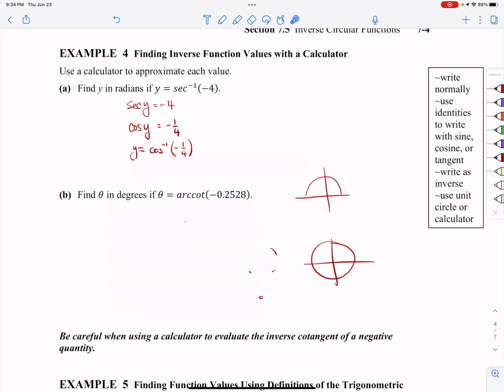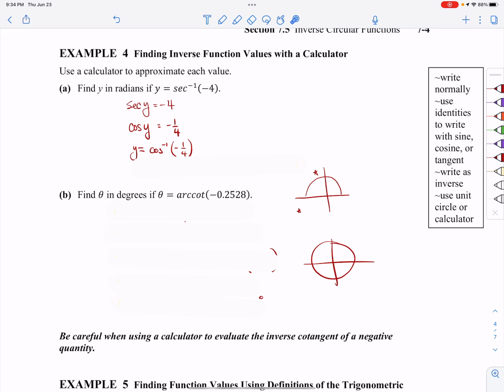You also know that secant is negative, as well as cosine is negative, in the second quadrant and in the third quadrant. Well, whatever our answer is, needs to be a second quadrant angle. This just gives us a way to check our work and make sure that we are doing this properly. So go ahead, type this into the calculator.